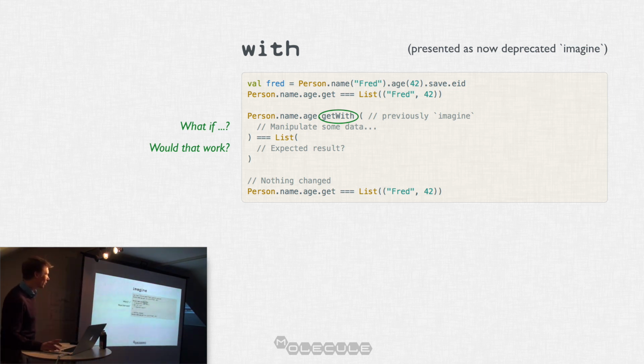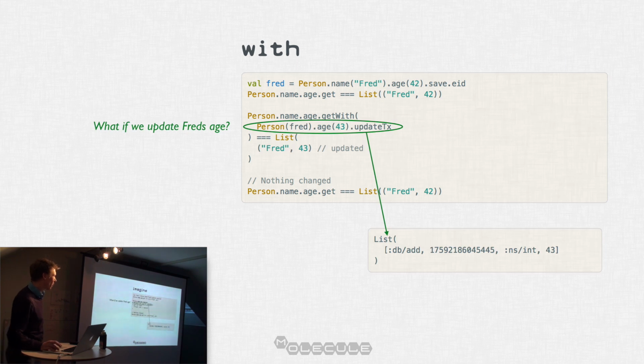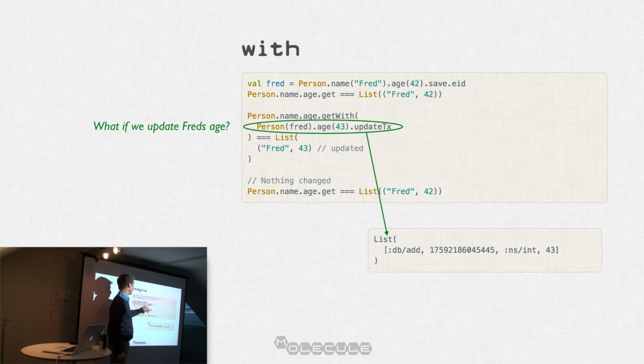So if we say, what if Fred was updated to become 43 years old, then that's another command at the end. So instead of just saying update, we say update transaction, and then we get the transaction data back, so that we can put it into this imaging.